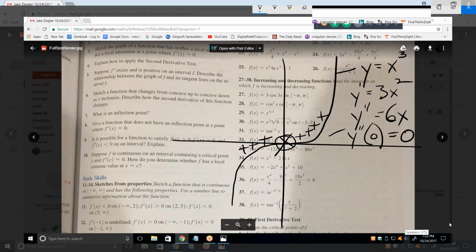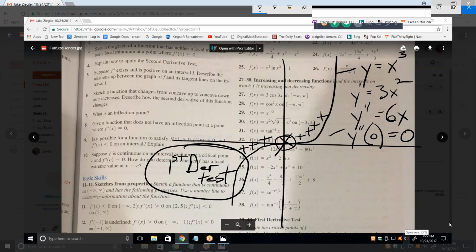Yeah. So you need to use the first derivative test here. When the second derivative test gives you 0, now with most every function, the second derivative test is the easiest way to do it. Because with the first derivative test, you have to choose points to the left of your point and to the right of your point. You have to figure out what the first derivative is on both sides.